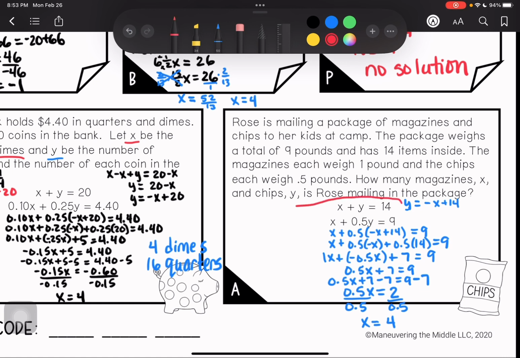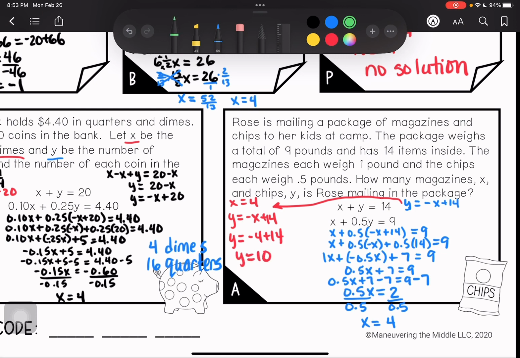So we're going to substitute into the original equation. I have Y equals negative X plus 14. Remember, X equals 4. So in place of X, we're going to put 4. So Y equals negative 4 plus 14. Therefore, Y equals 10.